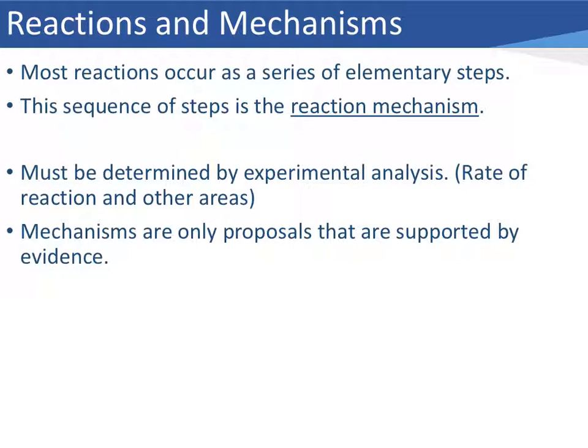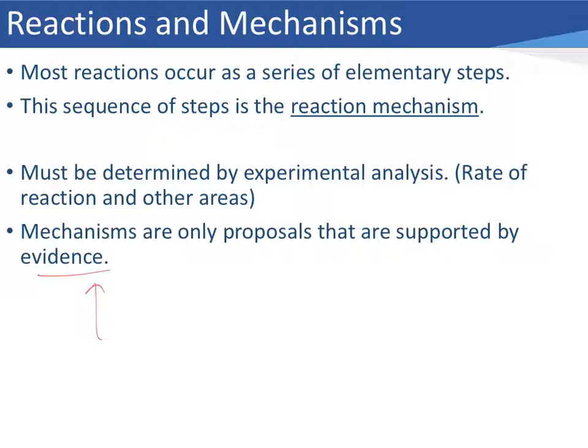One of the things we need to understand is that most reactions occur as a series of elementary steps, and these elementary steps are where the collisions must take place. That sequence of steps is called the mechanism. The mechanism must be determined by experimental analysis coming from rate of reaction data. And truthfully, mechanisms are only proposals that are supported by the evidence.